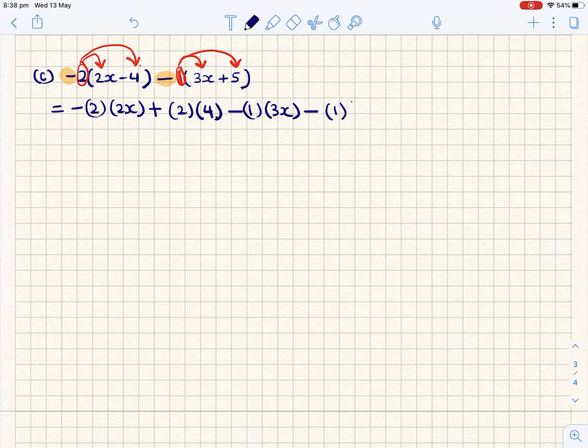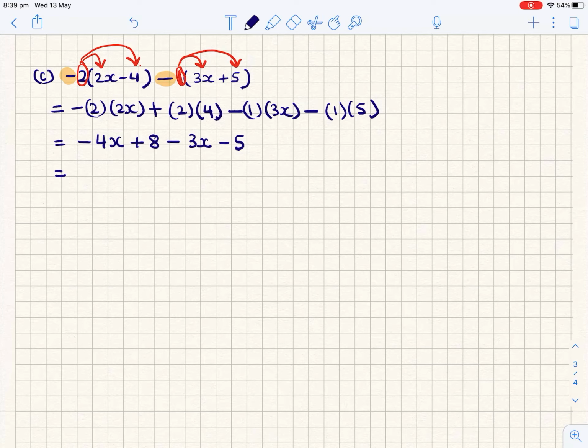Now you get negative 4x plus 8, negative 3x, and negative 5.